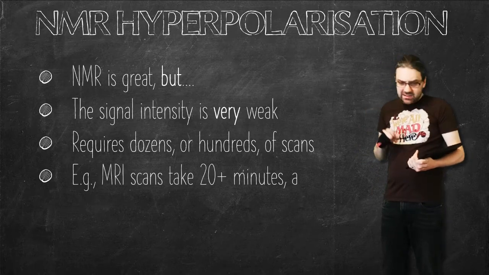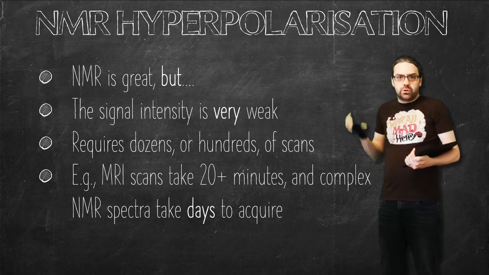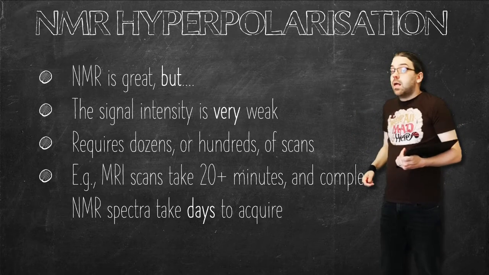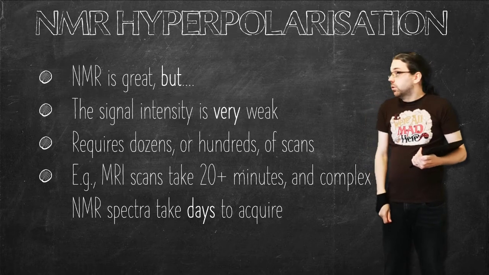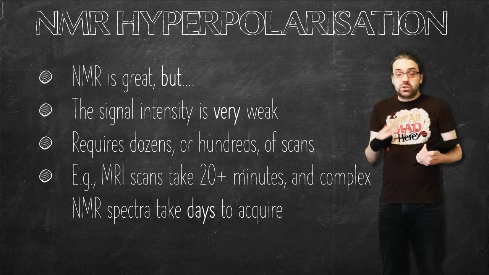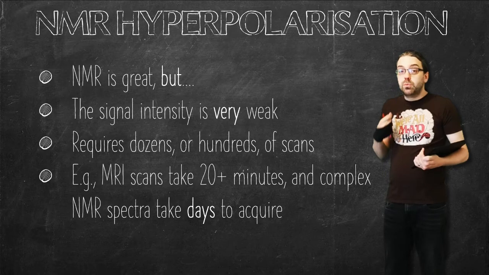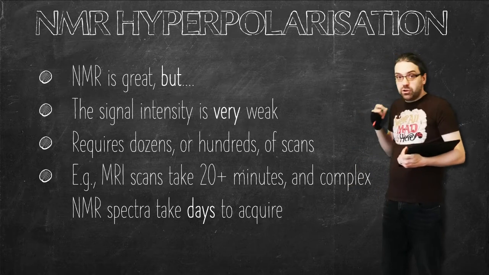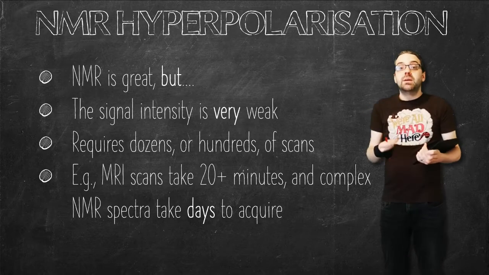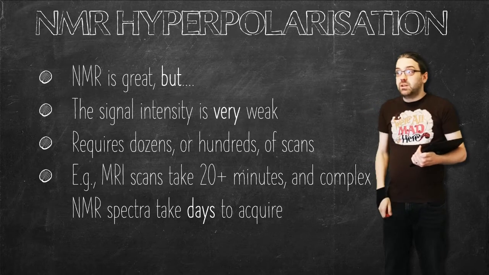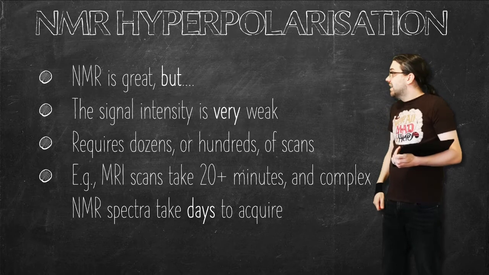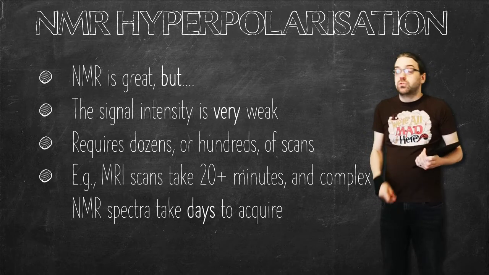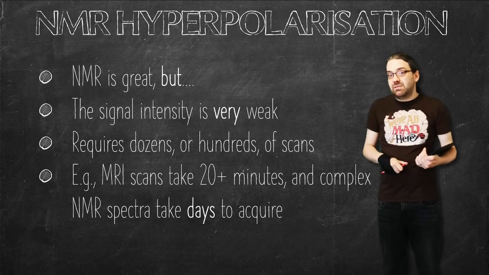And the downside to that is things like MRI scans, if you're going to go for a brain scan or a diagnostic scan of any part of your body, that can take 20 minutes to an hour. fMRI, that happens almost in real time, can only work because it's super low resolution. If you want to diagnose someone and really have a good look inside their body, you need them in an MRI scanner for 20 minutes, 40 minutes, an hour. And if you want to do a complicated NMR spectrum, you want to acquire something more than protons. You want to do carbon-13 without enriching it.